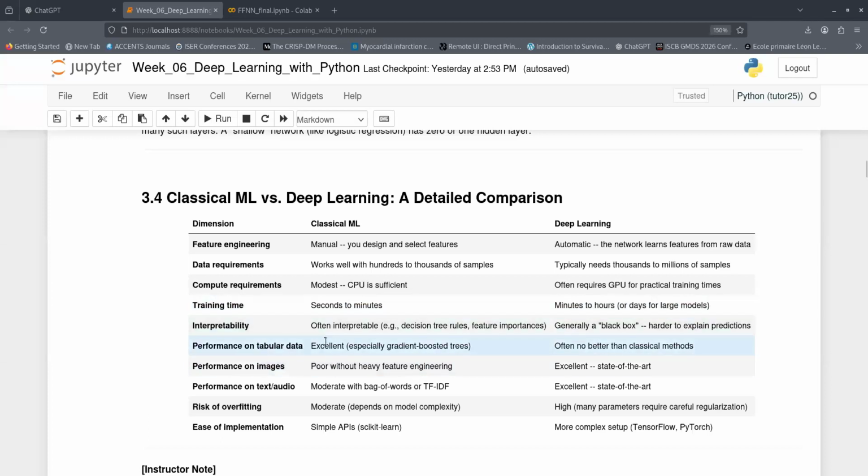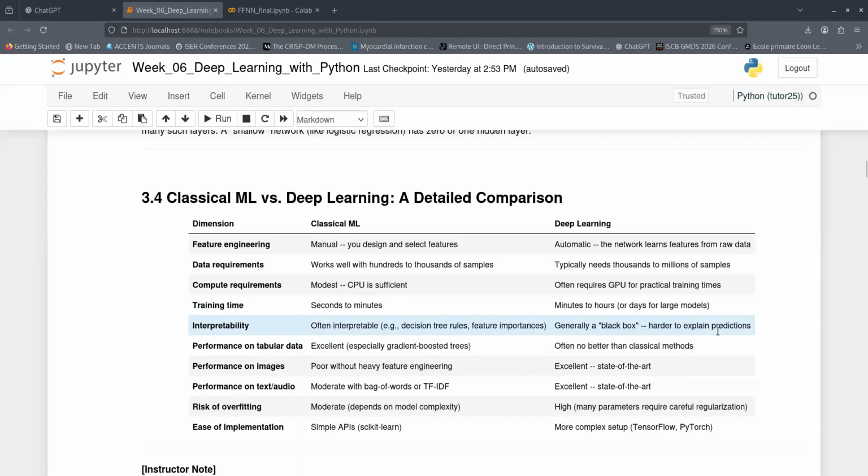In terms of interpretability, classical is often interpretable. Decision tree rules, feature importance, you can see them clearly. That's why many decision makers, the bank or some stakeholders, prefer classical machine learning, because it is more interpretable compared to deep learning, which is a black box.